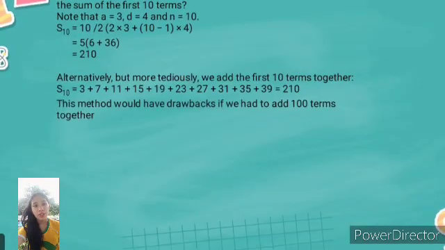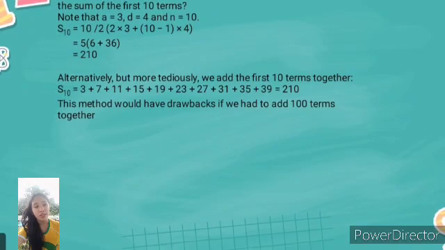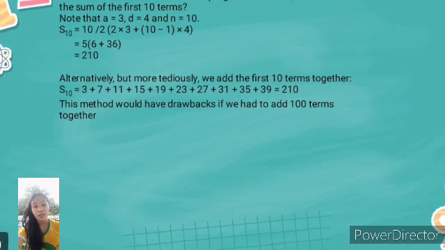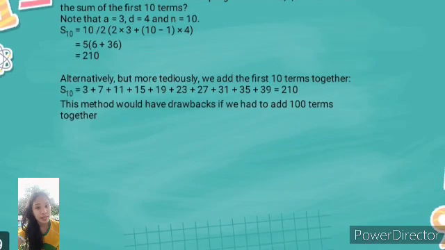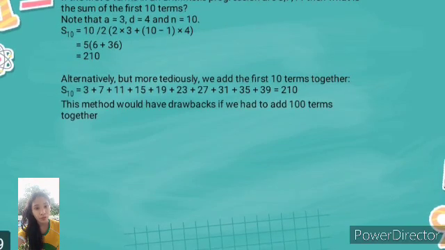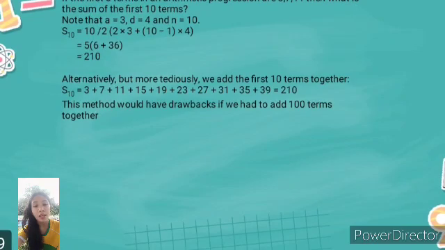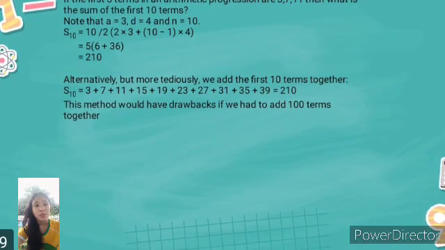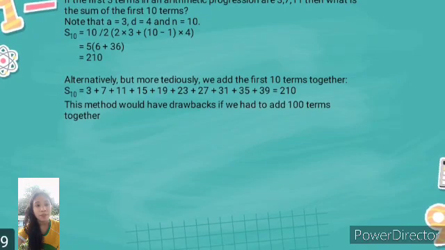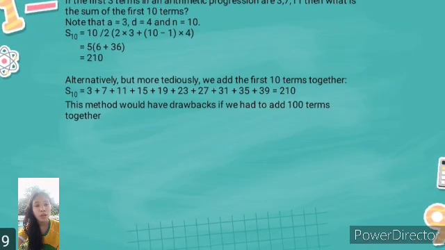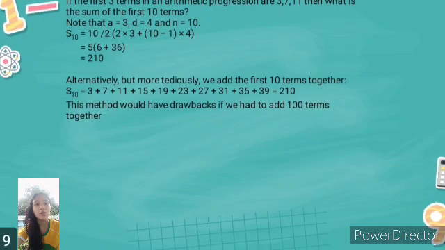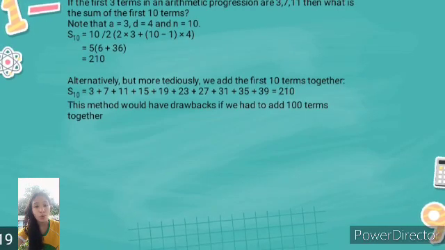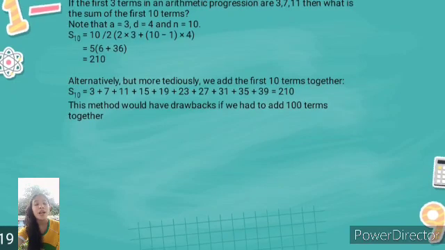If the first 3 terms in an arithmetic progression are 3, 7, 11, then what is the sum of the first 10 terms? Note that a equals 3, the common difference equals 4, and n equals 10. So S subscript 10 equals 10 over 2 times the quantity 2 times 3 plus 10 minus 1 times 4, which is 5 times 42, equal to 210.